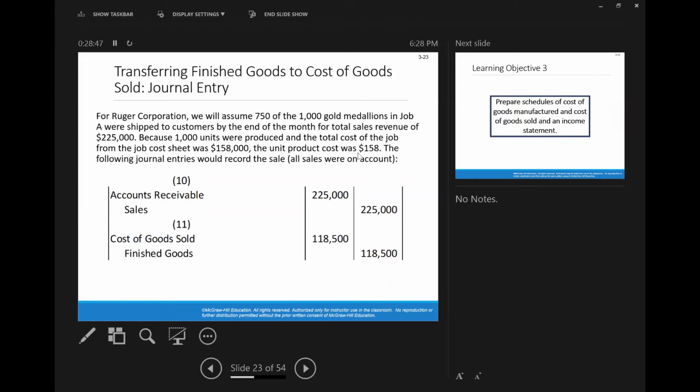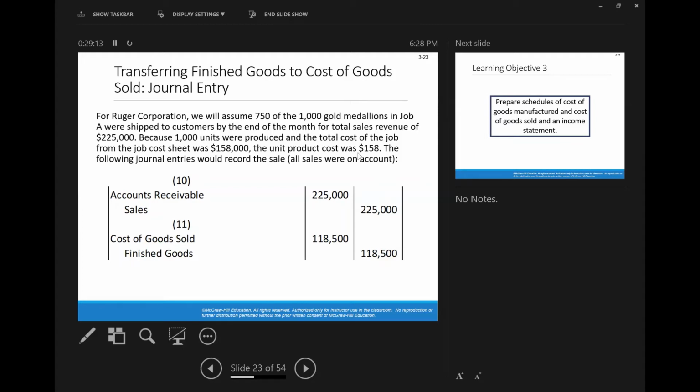So remember, we have to figure out what it is per unit because we're not selling all of them. The job told us a few slides ago that we were producing 1,000, and we know that job A was $158,000. So if we produce 1,000 and had $158,000 total cost, you just divide it, and then you get your cost per unit. So we have product cost was $158 per unit.